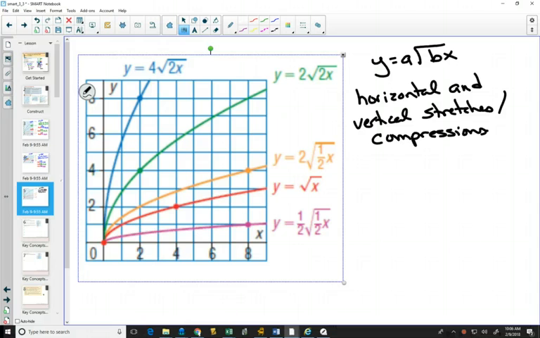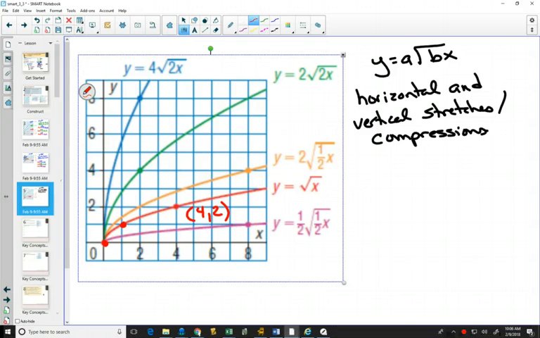And when we're showing our work, the point that they've given us on our original graph, again, is 4, 2. There's our parent graph. That's the graph that you have got memorized. You'd probably know these 3 points really quick: 0, 0, 1, 1, and 4, 2.